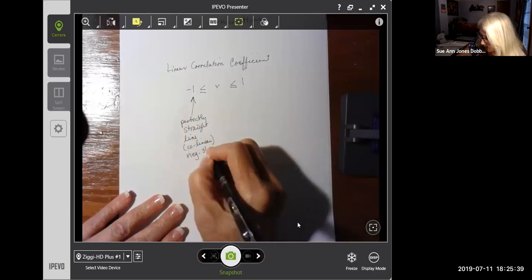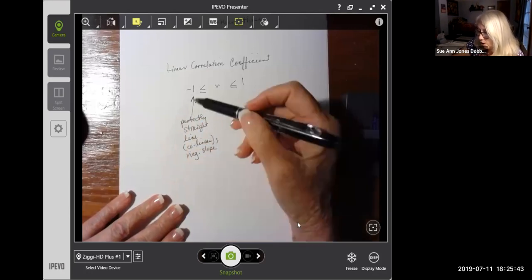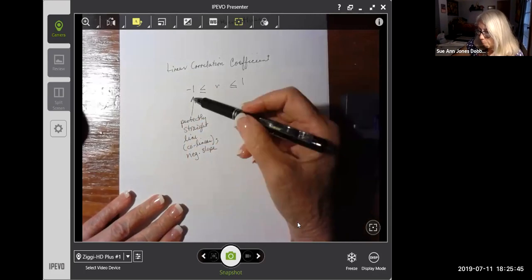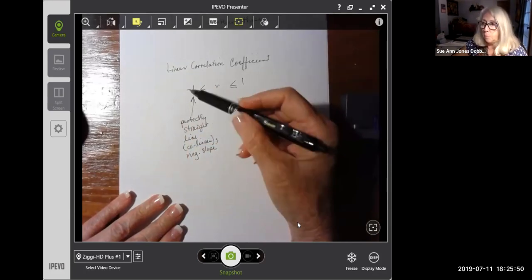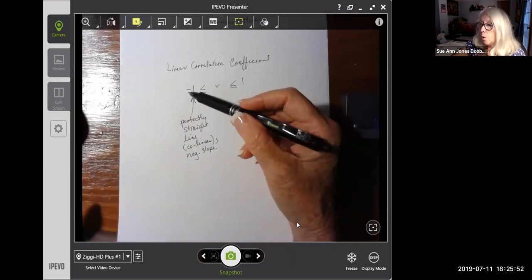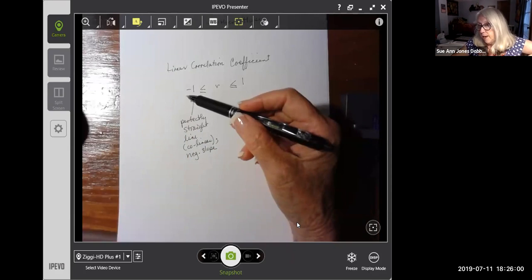Okay, now notice what I'm implying here is that the linear correlation coefficient can tell us how perfect the linear model is, and it can tell us the sign of the slope. But the linear correlation coefficient itself is not equal to the value of the slope. It tells us whether it's negative going down from left to right or positive going up from left to right.